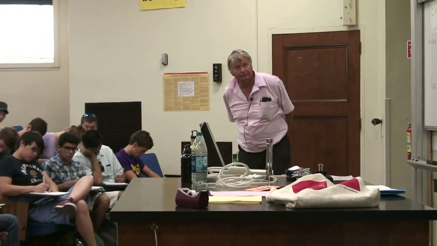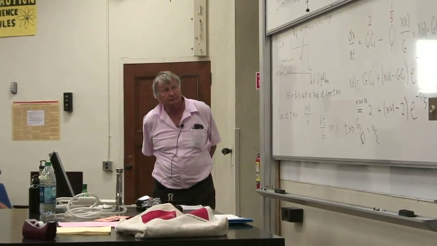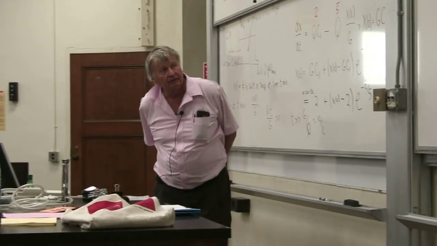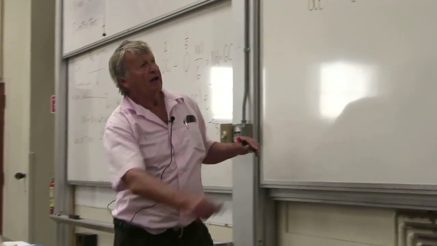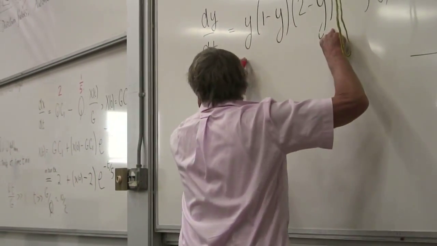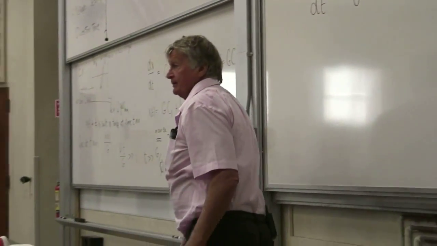Yes. f of y equals dy over dt? Sorry? f of y equals dy over dt, or are they two different things? No, f of y represents this guy. Okay.